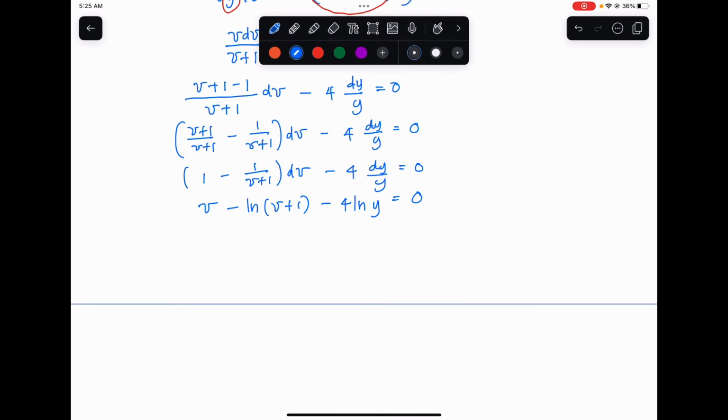And then we can make this one, or this should be C. So since we have integrated it already, I'm going to transpose ln to the right hand side and C to the left hand side.